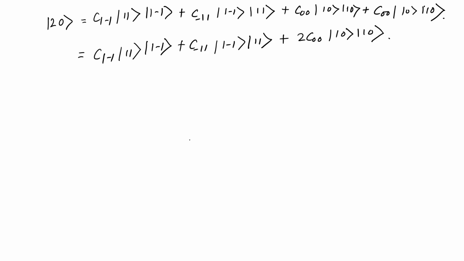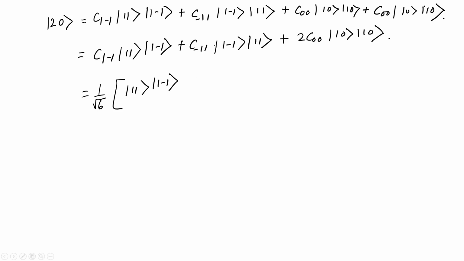And so, if you normalize it, because there is 1 here, there is 1 here, there is 2 there, so 1 squared plus 1 squared plus 2 squared, which is 4, is 6. So, this comes with a 1 by root 6, and then we have this |1 1⟩|1 -1⟩.